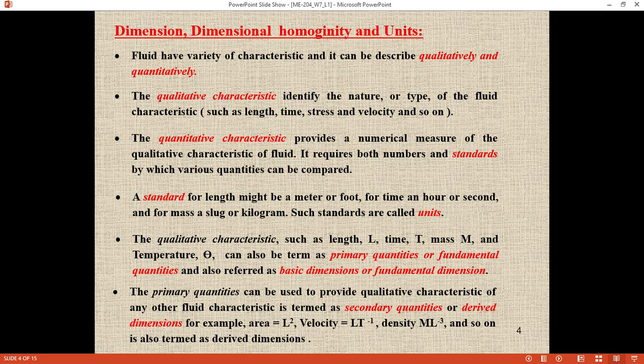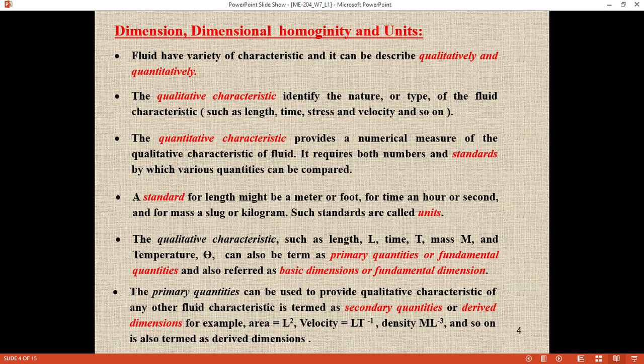But the derived quantities can be achieved by using the primary quantities or the fundamental quantities. Just like area can be achieved by using length. Velocity can be derived by using length and time. Density can be derived by using mass and length, and so on, and is also termed as a derived dimension.